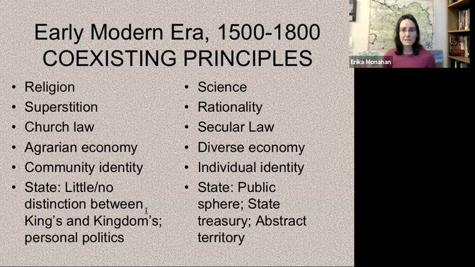I think it's one of the reasons it makes studying the early modern period so rich and so endlessly fascinating and hard to generalize about as well, because you have religion and superstition and the church and agrarian economy, community identities as hugely important. At the same time, we see the emergence of science, of rationality, of notions of secular law that are different from church law.